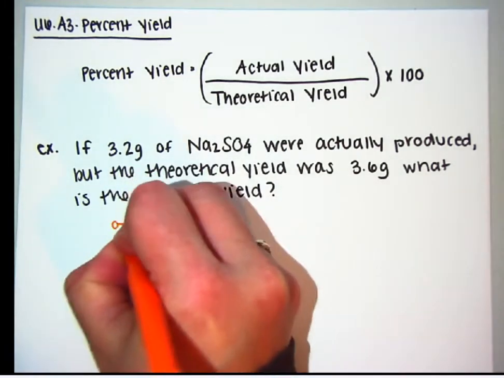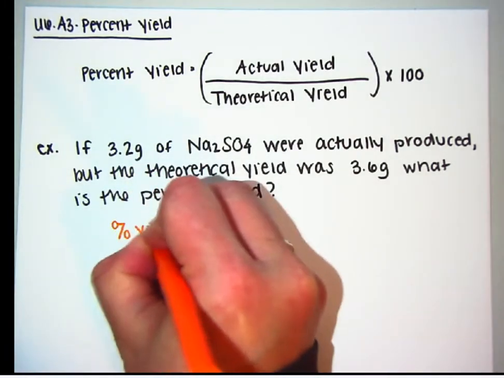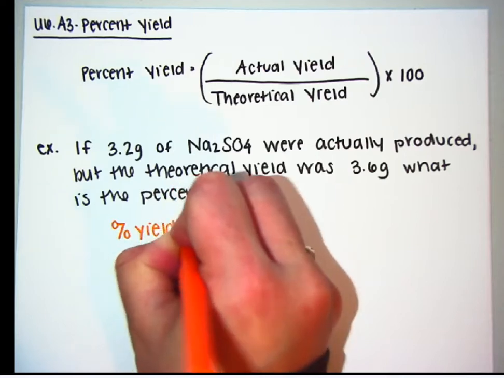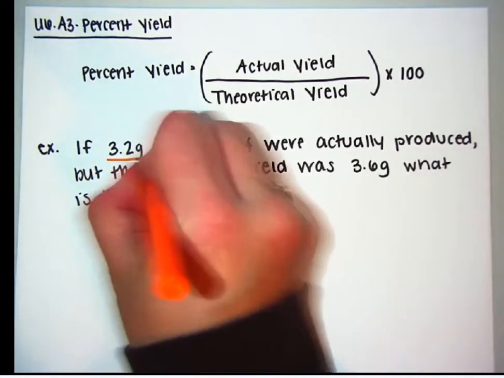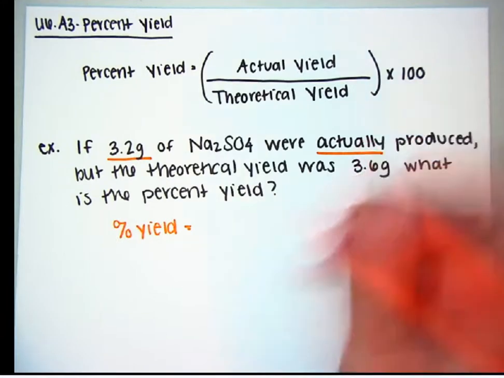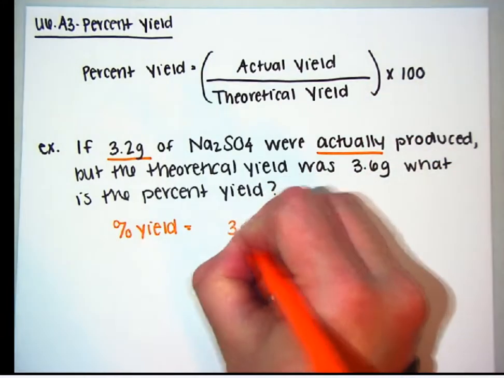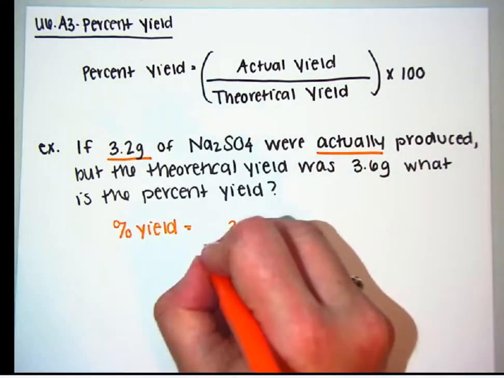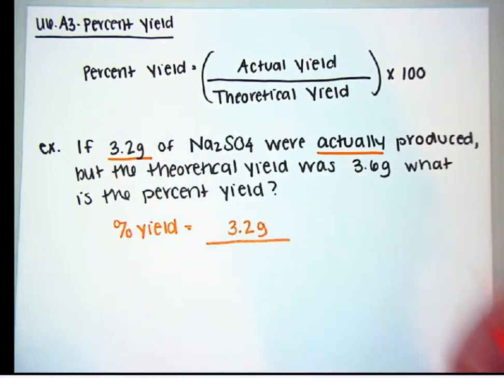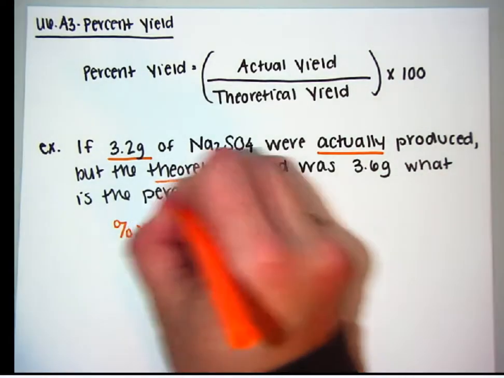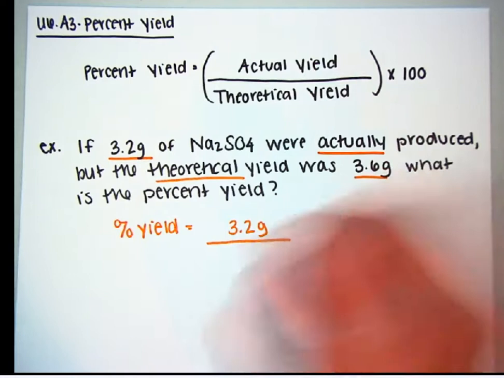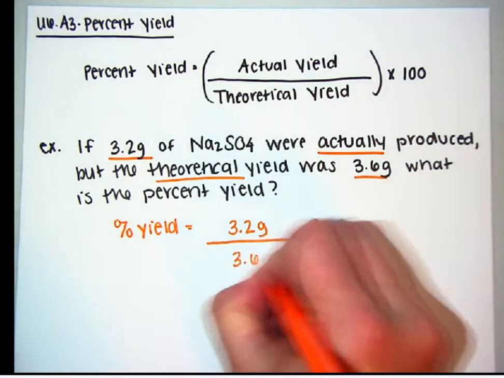So for this one, all we have to do is plug this into our calculation and solve. 3.2 grams were actually produced, so the actual yield was 3.2 grams. If everything went perfect, theoretically we should have made 3.6 grams.